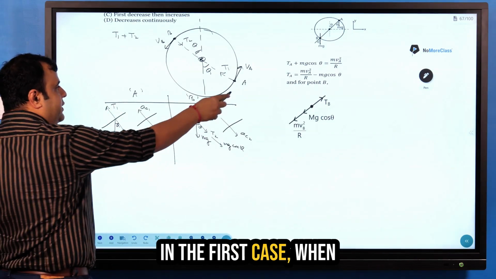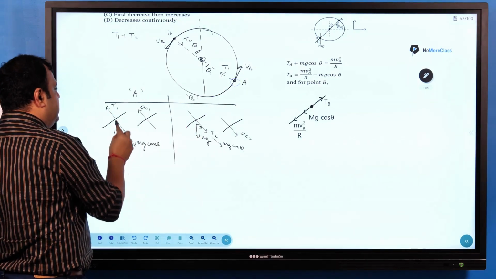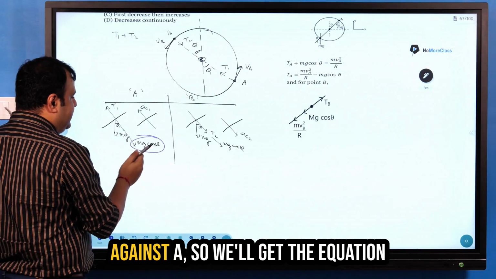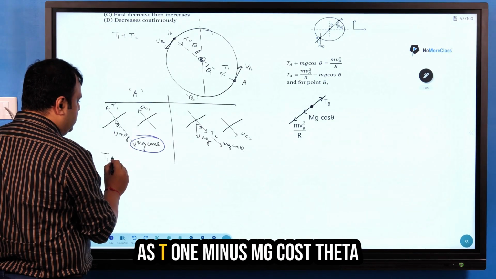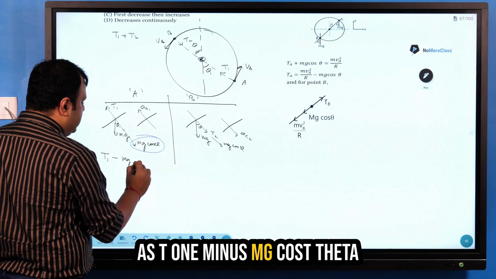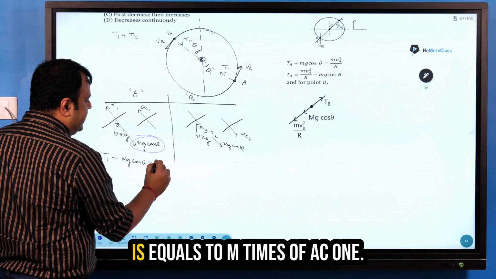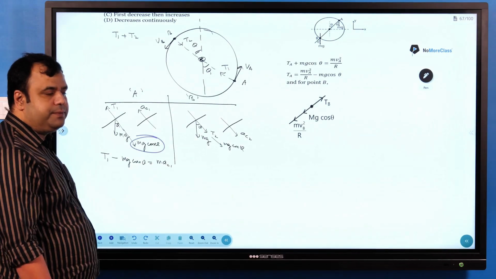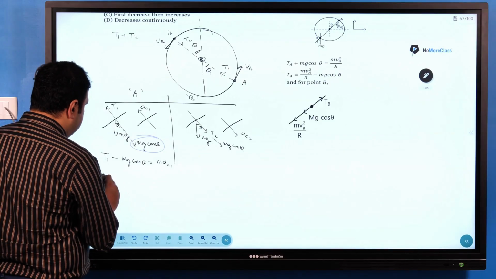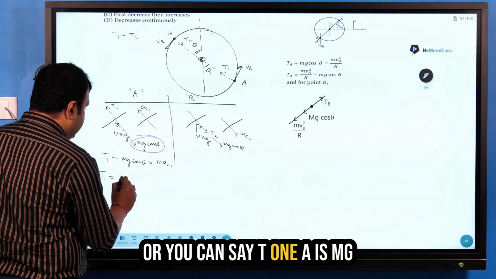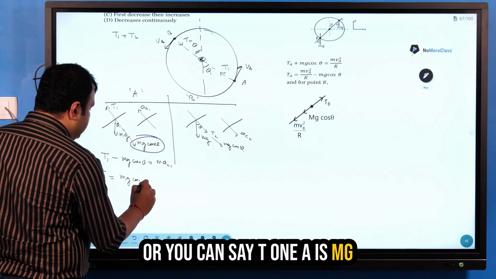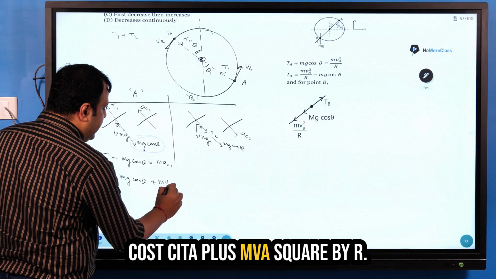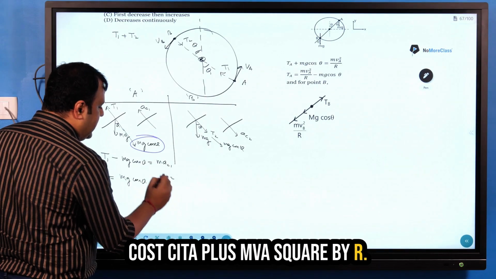In the first case, when the particle is at A, one force is acting towards the center and the second force is acting against it. So we get the equation T1 minus mg cos theta equals m times AC1. Or you can say T1 is mg cos theta plus m VA square by R.